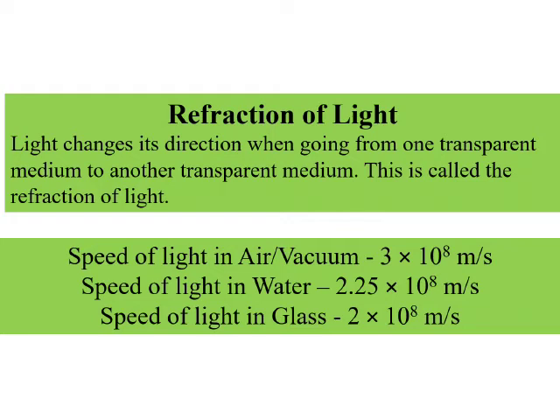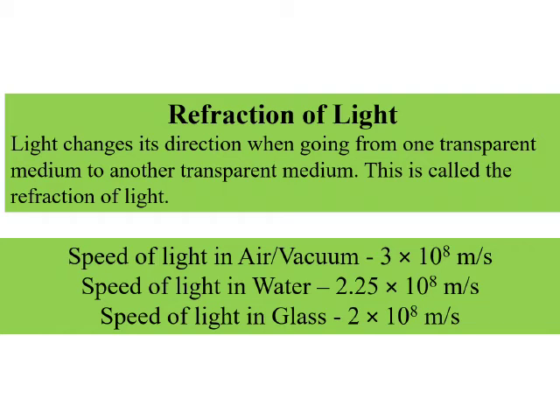Now we need to remember the speed of light in various mediums. The speed of light in air or vacuum is 3 × 10^8 meters per second, or it can be 3 lakh kilometers per second. But meters per second is more used while solving numericals, and so it is 3 × 10^8 meters per second.